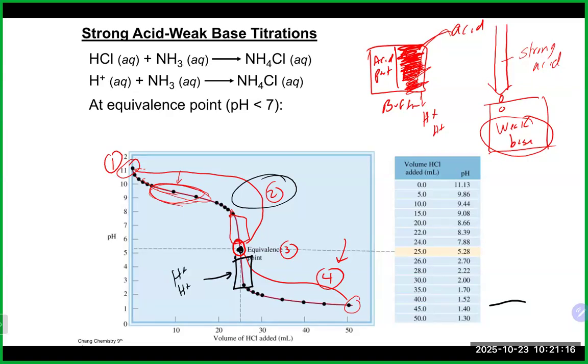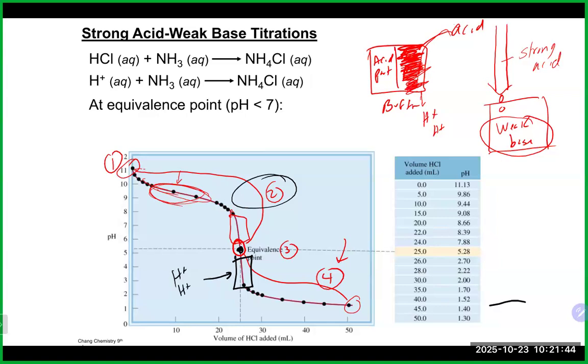You're dumping straight acid into your solution, producing a lot of H plus really quickly, and you see a pretty big drop in the pH past the equivalence point. We see that in the other titrations as well. We get a lot of OH minus, which is why it shoots up vertically at the equivalence point. In this case it shoots vertically down because you get a lot of H plus really quickly, and we see a big change in the pH.